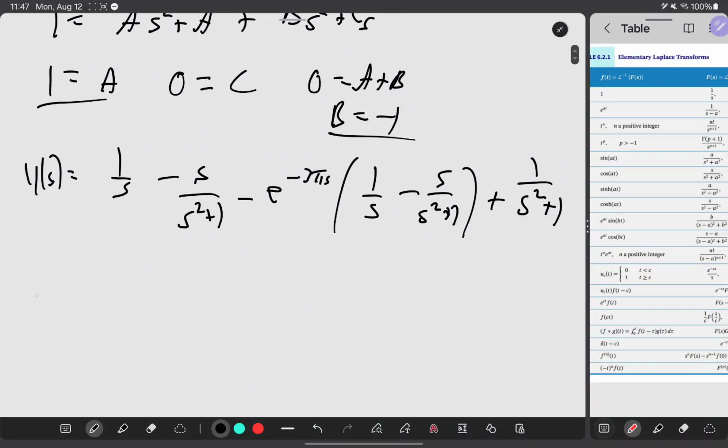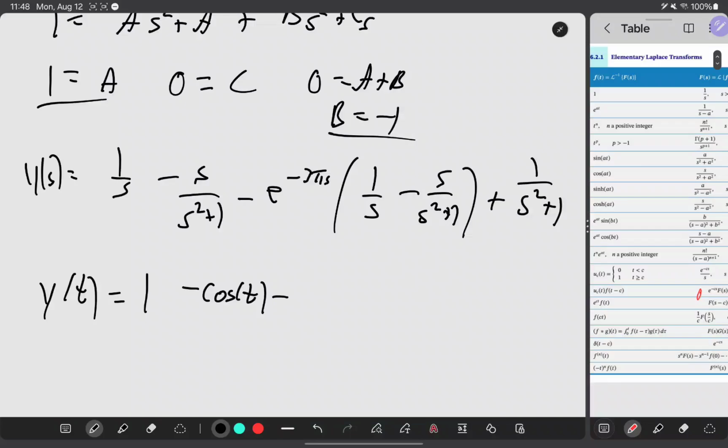So now we need to find y of t, right? y of t is equal to... That's just 1. This would be cosine of t, so minus cosine of t. Now remember that this one here is that funky one with the f of s.